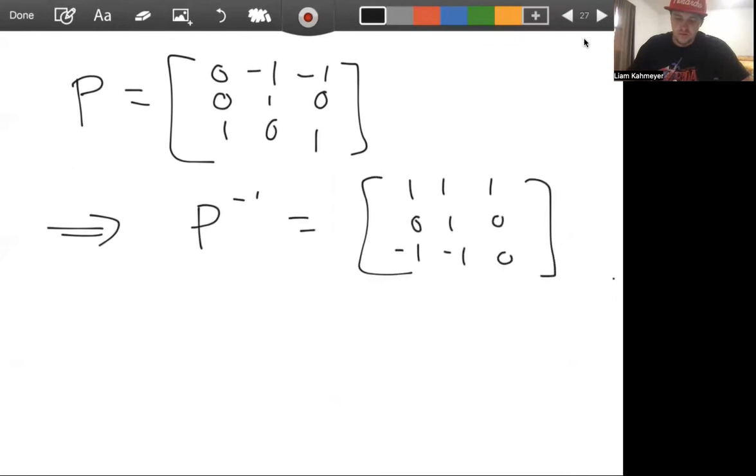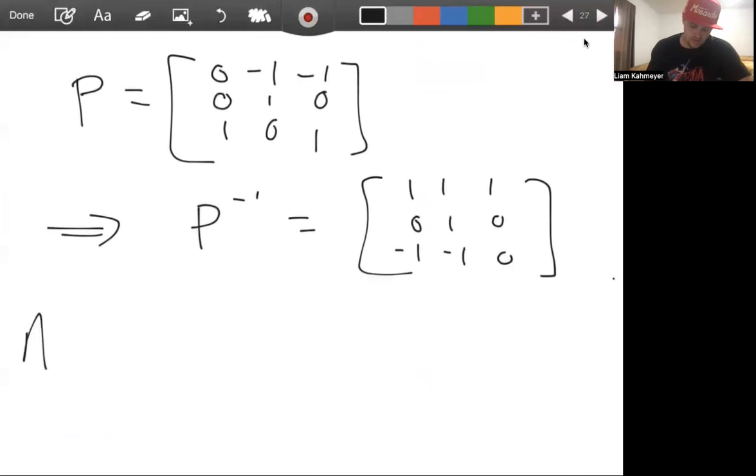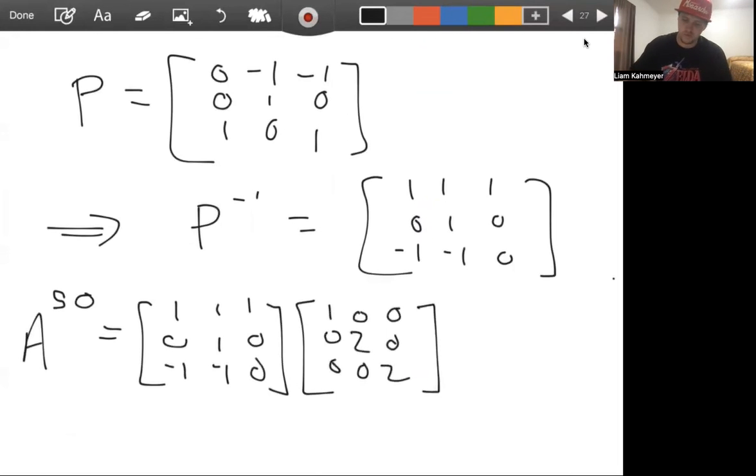So then what is step 2? Well, that was kind of step 1.5. We have to set this product up. So A to the 50th is equal to P inverse, 1, 1, 1, 0, 1, 0, negative 1, negative 1, 0, times D to the 50th, which was 1, 2, 2, 0, 0, 0, 0, 0, 0. If I'm not mistaken, nope, I am mistaken.